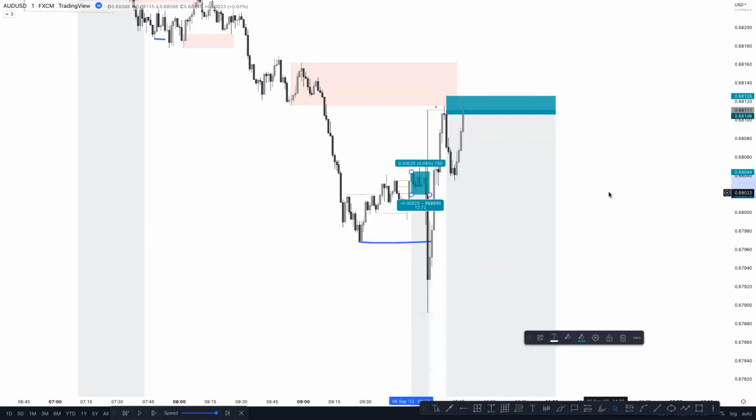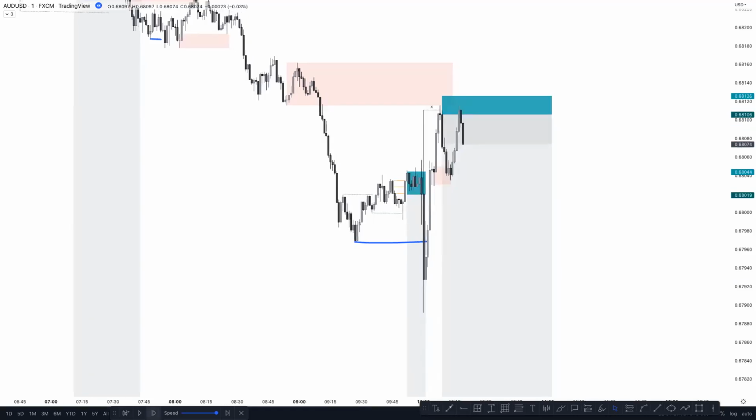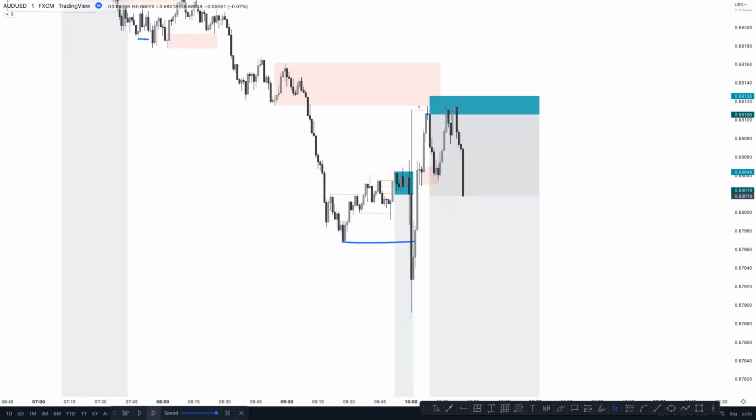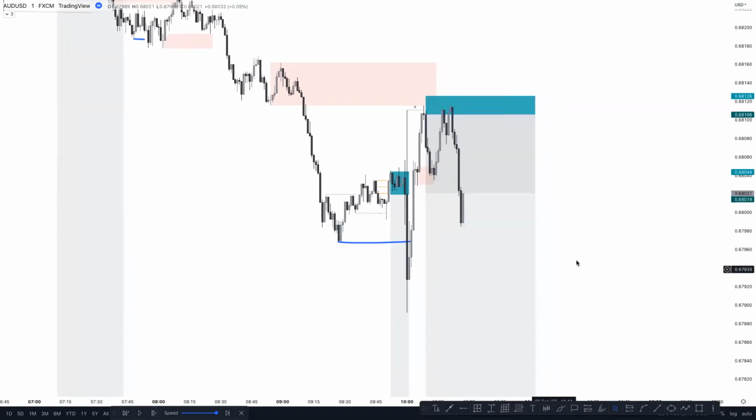And this one looks like a smart money trap, this one. And let's see. Perfect. So this one like a smart money trap, why?